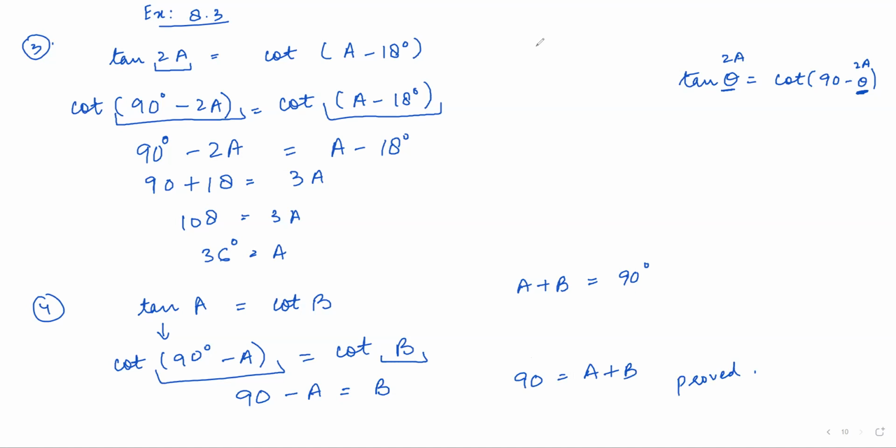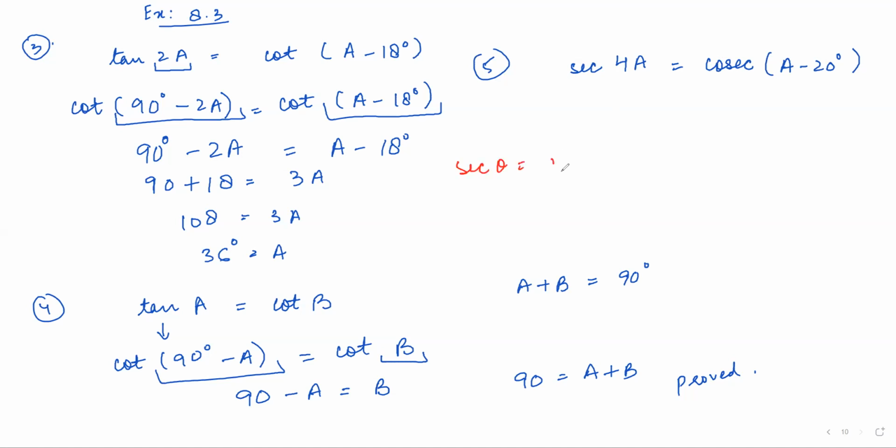Right? Yes, ma'am. Okay, similarly, the next one is almost the same. Fifth question also. It is given that sec of 4A is equal to cosec of A minus 20 degree, where 4A is an acute angle. Find the value of A. Again, we know that sec of theta is cosec of 90 minus theta, correct?